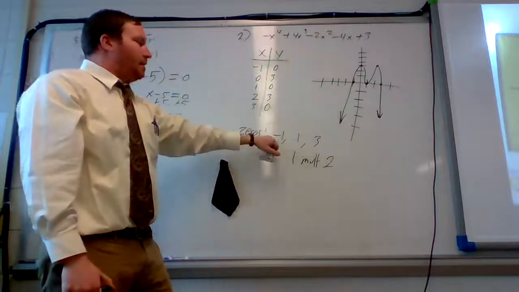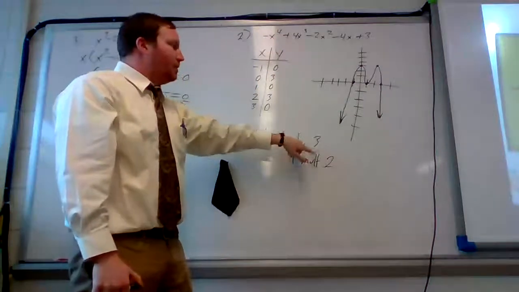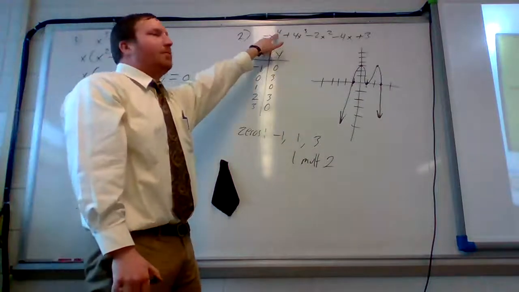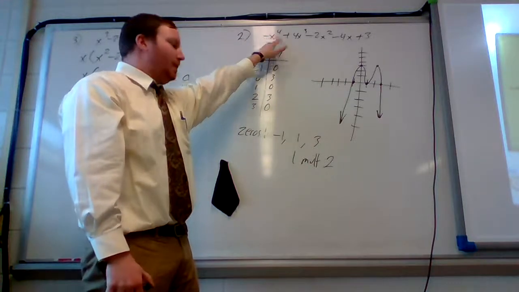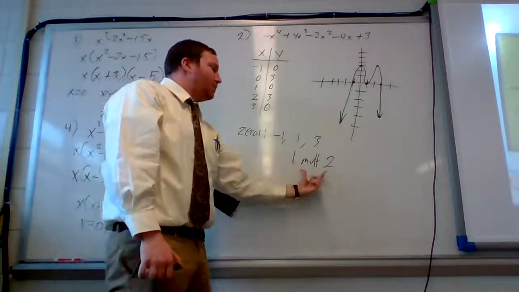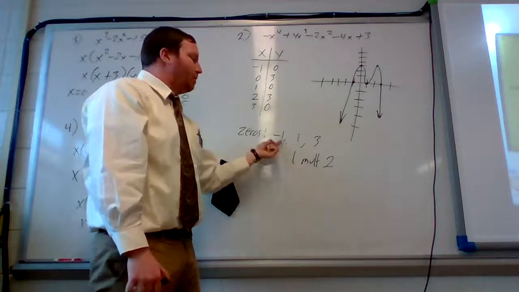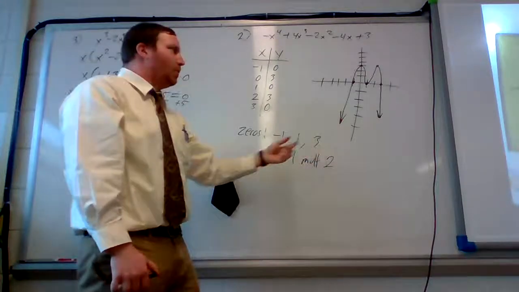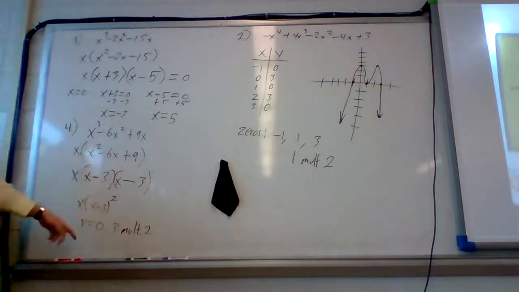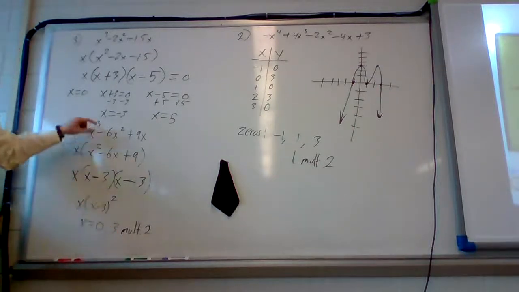Well, if we just have -1, 1, and 3, we're missing one of our x-intercepts. But if 1 has a multiplicity of 2, then we have all 4 of those, right? 1, 2, 3, and 4. Same thing over here: 1, 2, 3. We had a 3rd degree. We have 3 intercepts. Okay.